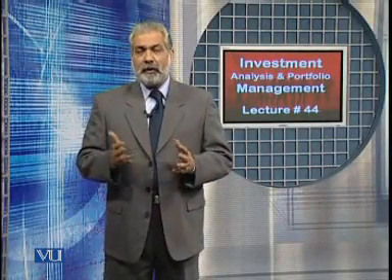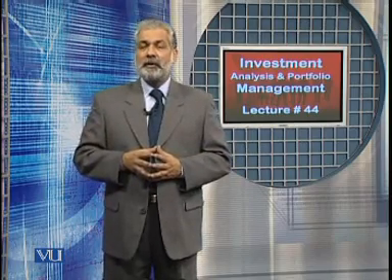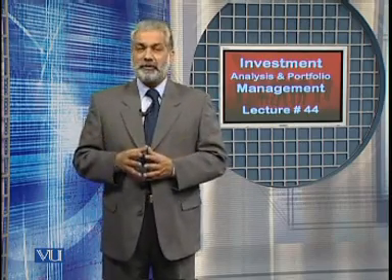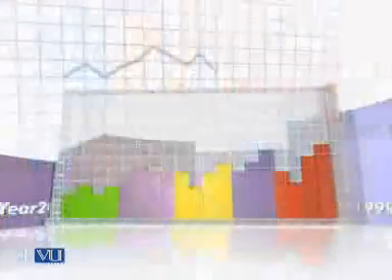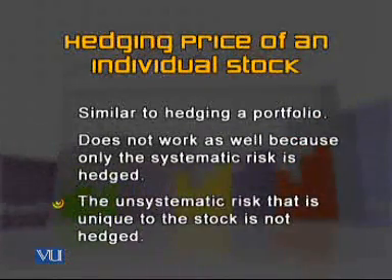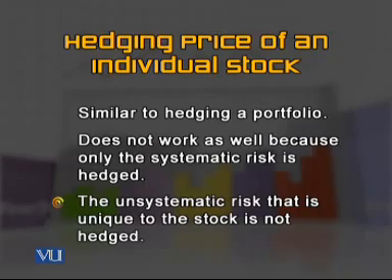In a portfolio, we're talking about a quantity greater than a single stock, with a variety of different shares, so we're not concerned only with systematic risk. We're also concerned about unsystematic risk. Unsystematic risk that is unique to the stock is not hedged, so when we are hedging, the unsystematic risk unique to the stock is not covered.